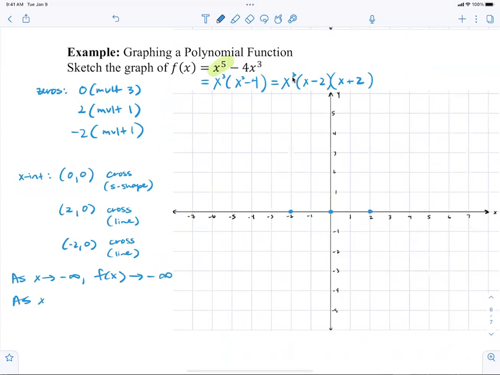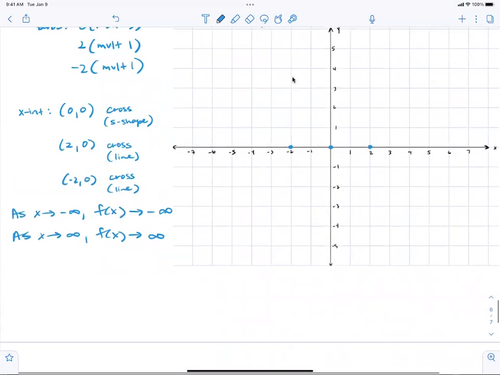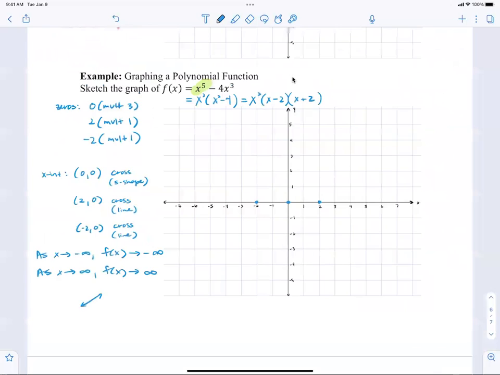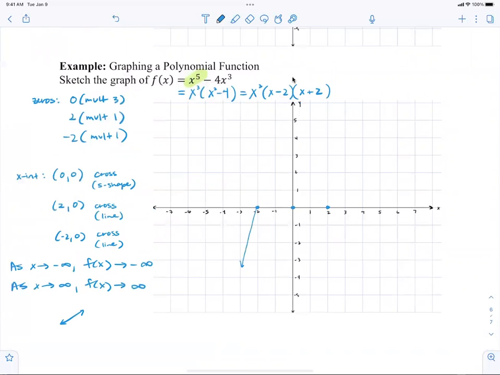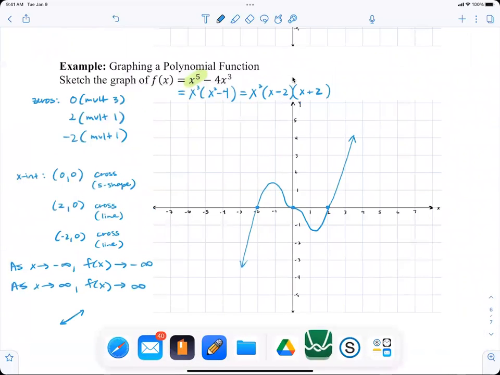And as x approaches +infinity, f of x will approach +infinity. It'll have end behavior like a line with a positive slope. So kind of like that. It crosses straight through at -2, 0, and then do your best to make your S shape going through 0, 0.